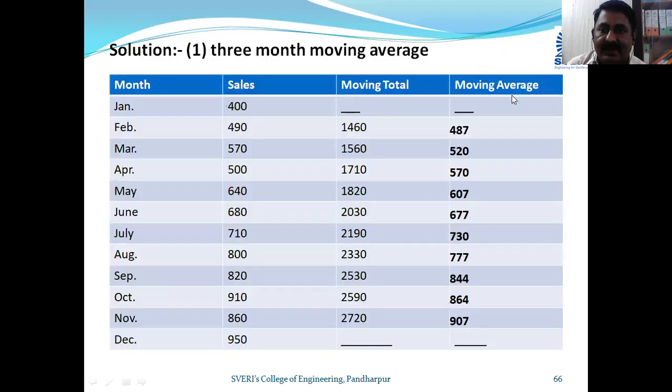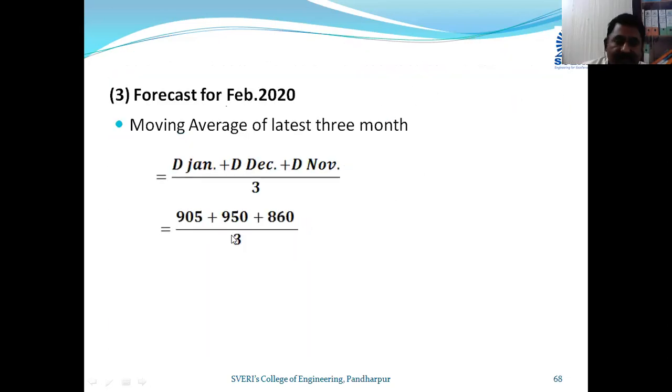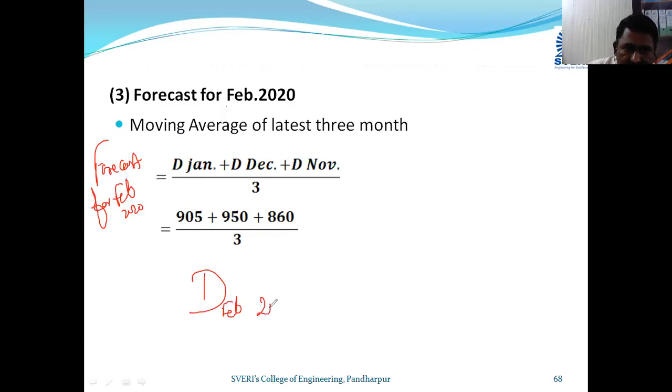Very simple. So I will calculate 860 plus 950 plus 905, because the 905 demand is given. So calculate and let me know the answer very fast. Okay, so forecast for Feb 2020. Put the answer in the chat box.